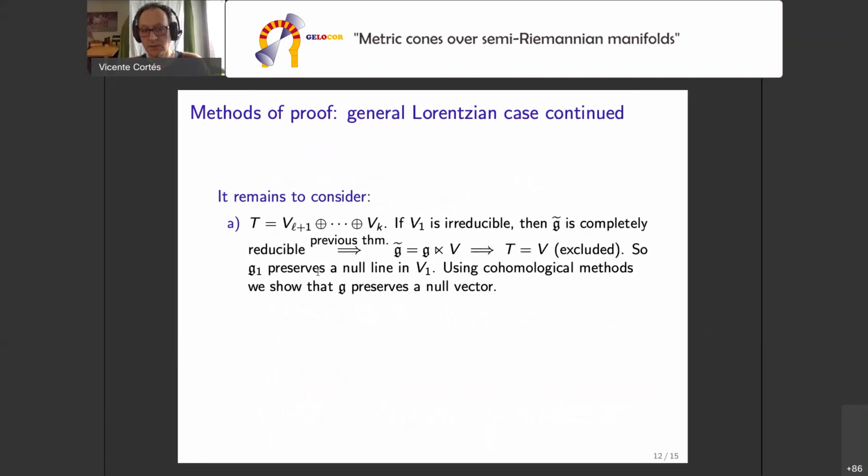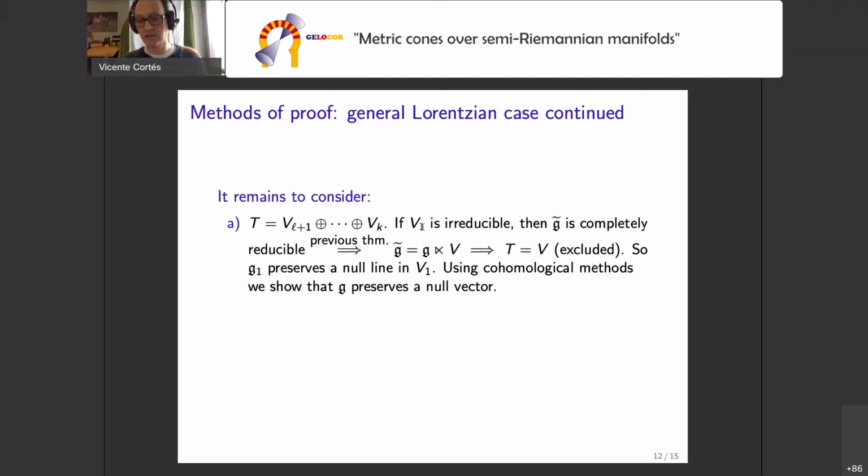Or this non-degenerate subspace is positive definite. And then we can again distinguish two cases. Either the first summand, V1, which is always of Lorentzian signature, is irreducible, and then we have again a completely reducible representation, and we can use the previous result about the completely reducible case.